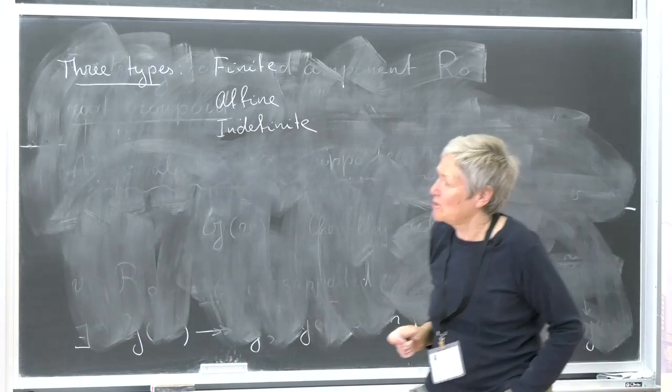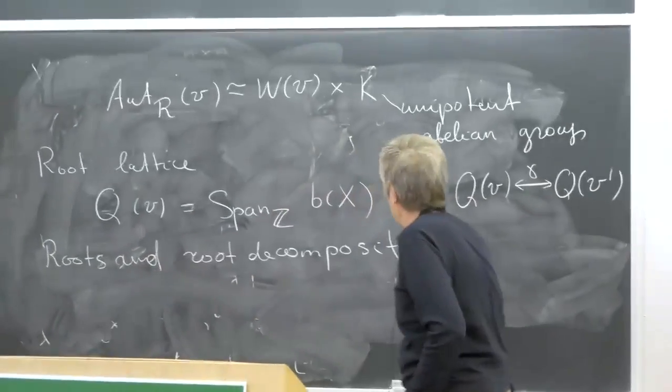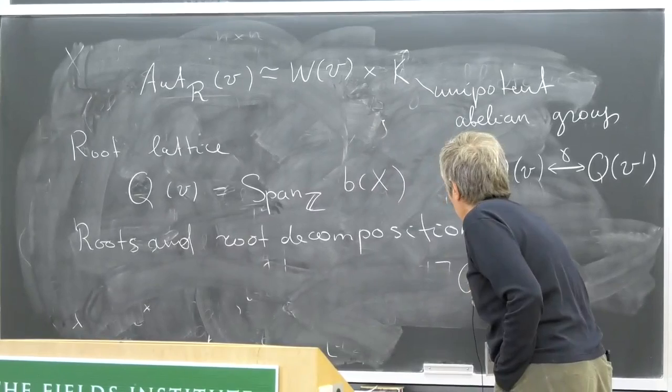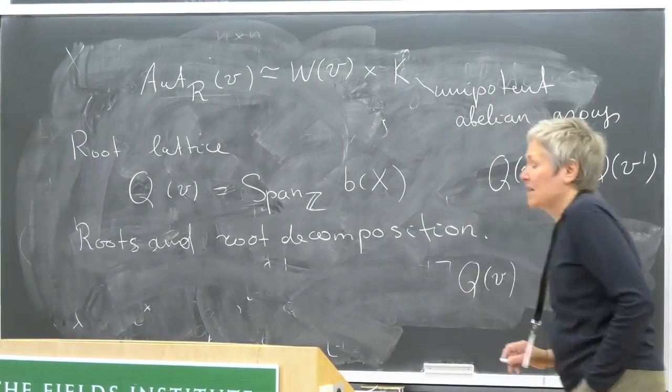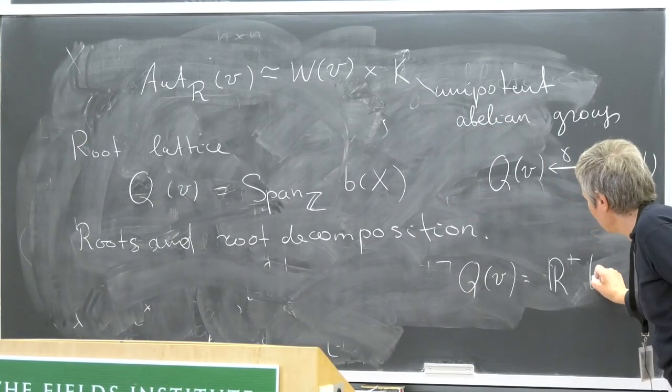So what I'm going to do, I'm going to take everything, the cone generated by... so Q of V is R plus P of X, right?